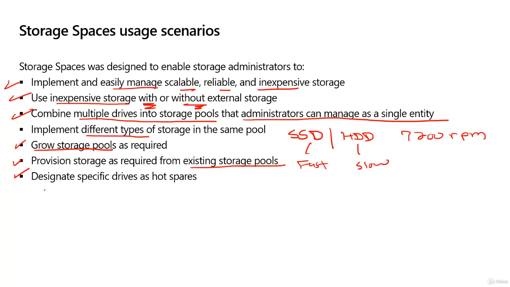The fault tolerance side of this, I can also add drives that are hot spares, meaning in your storage pool, you could have these 3 drives, and this 4th one could be, I'll say HS for hot spare. So if one of these drives were to fail, we automatically can have data written to this drive and we remain online. It's already connected up to your server, just waiting to step in and fulfill that responsibility. So it does have several fault tolerance components natively built into it.